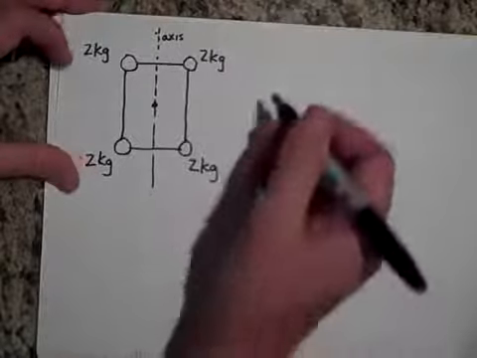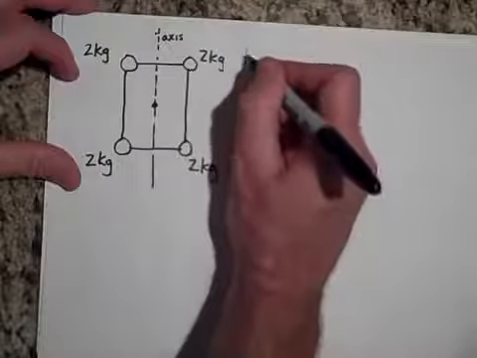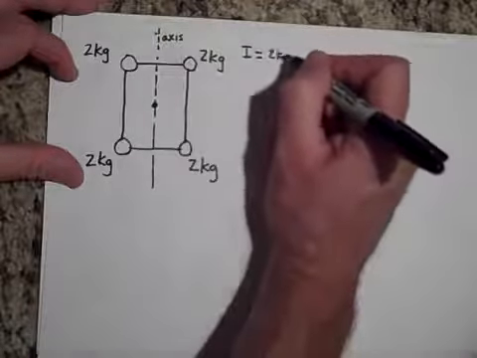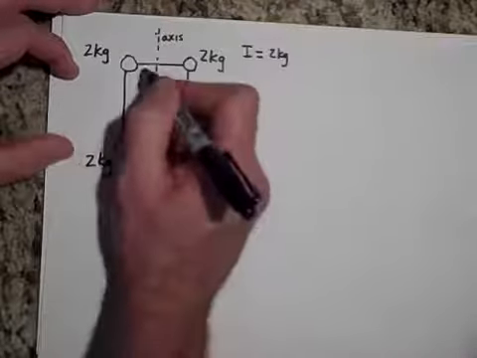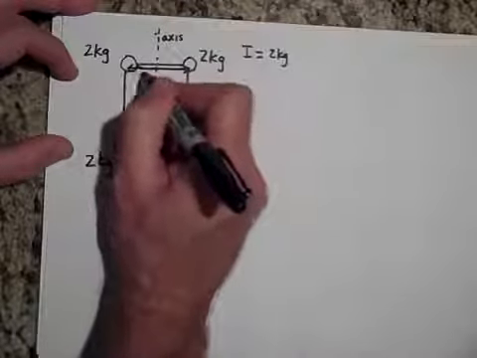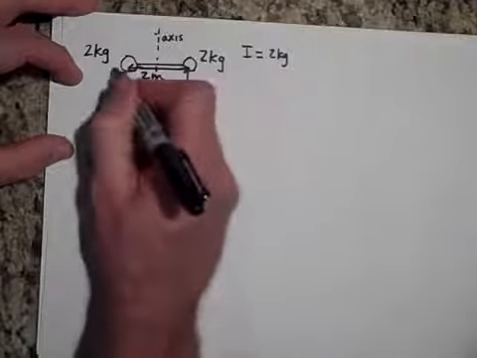All right. Well, then just let's find it. I is equal to 2 kilograms times... Oh, I should tell you that this is 2 meters across, and it's 3 meters down.